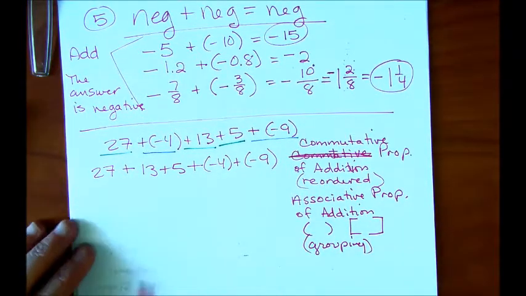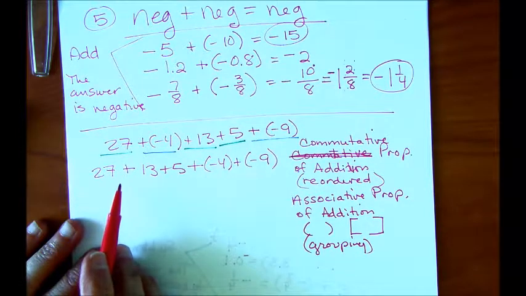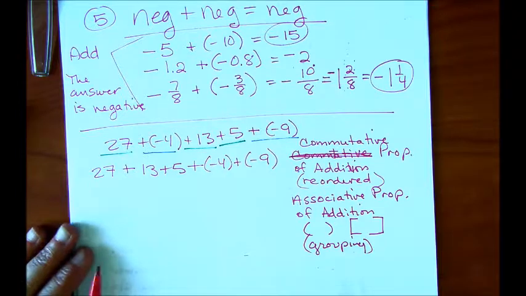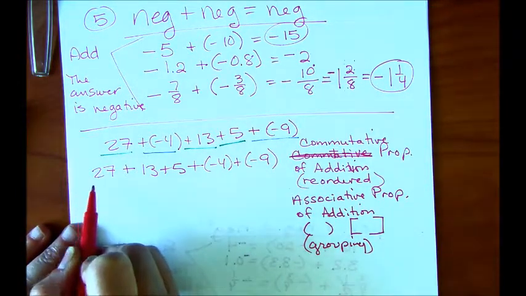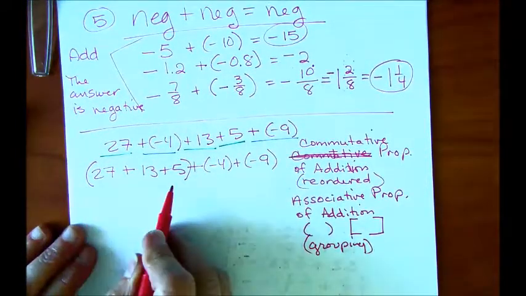With addition, and it's also true for multiplication, you can group different parts of the problem together and still get the right answer. So I'm going to group all my positives by putting parentheses around them.